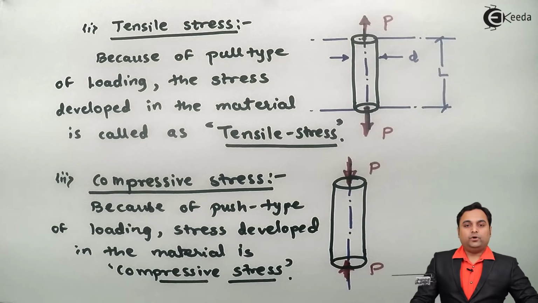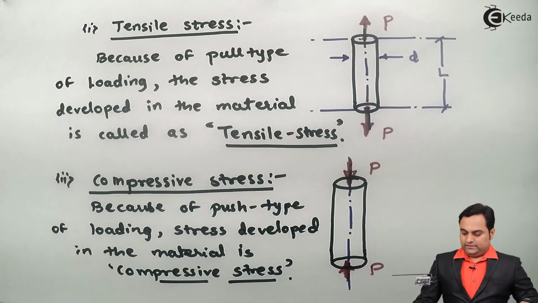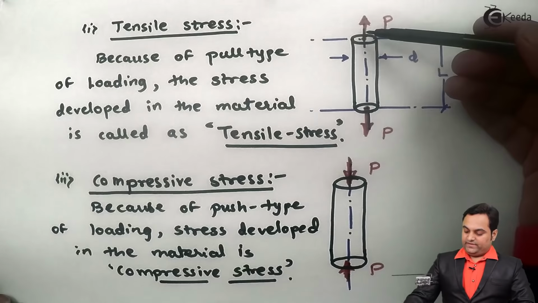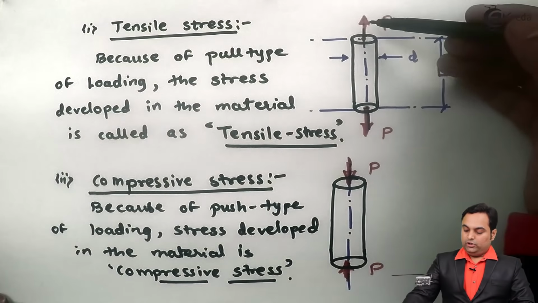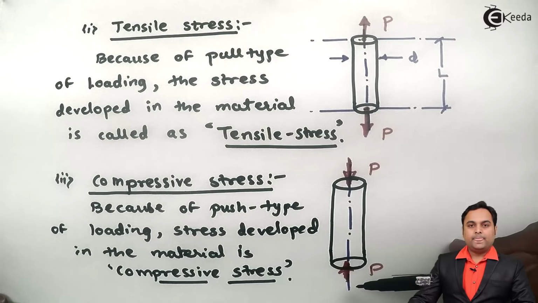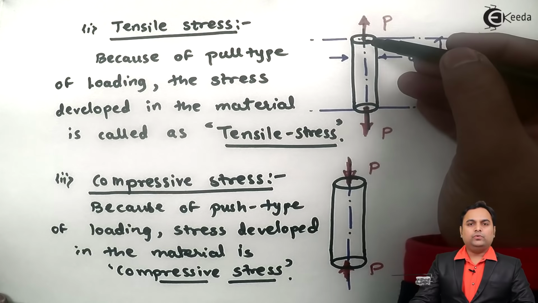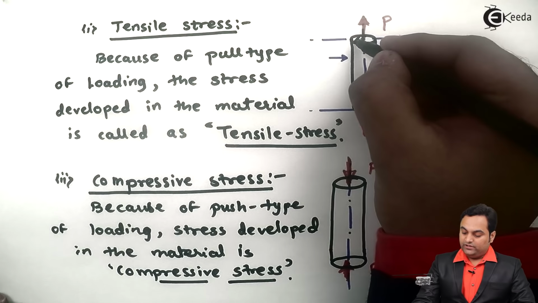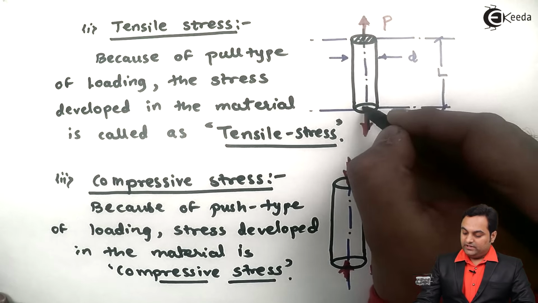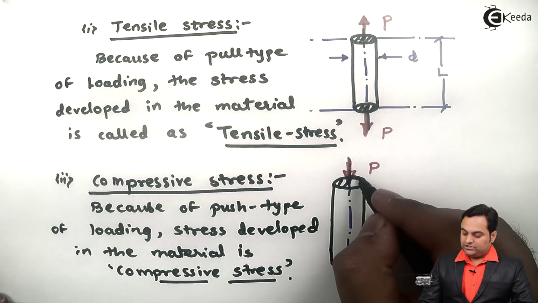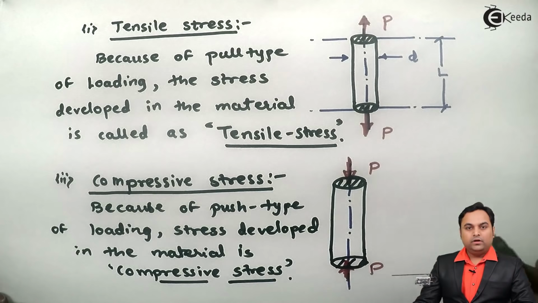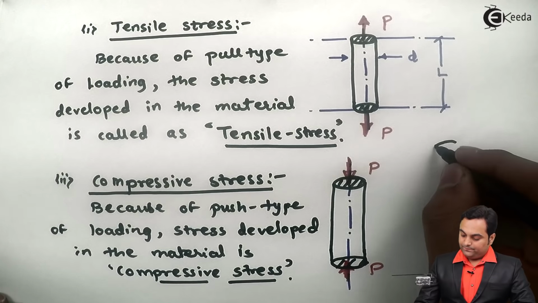Now, an important thing to note here is that both in the case of tensile and compressive stress, the load is passing through the axis, and the area along which the load is acting is circular in section. This area is called the cross section area, which I can draw here.